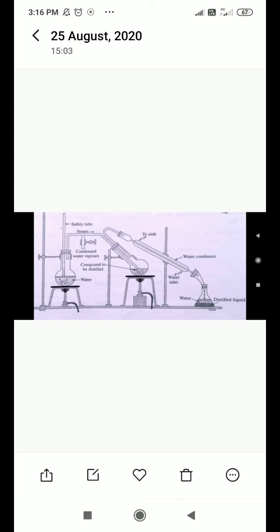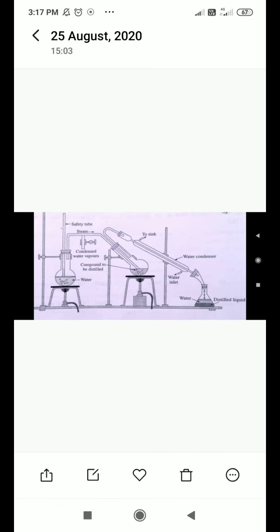Okay, in the collector or receiver, which type of compound can we get? We get our high boiling point compound, compound A, in the receiver or collector.